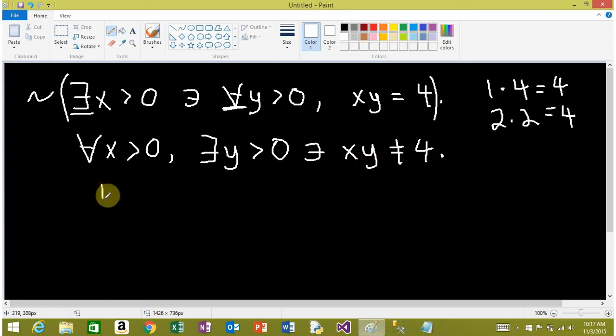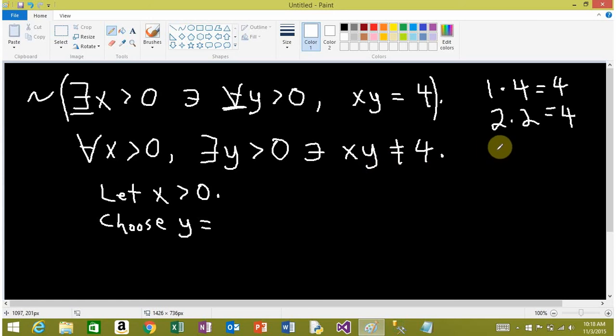So we can begin by just letting x be greater than 0, because that's the universal quantifier. It can be any number greater than 0. And then there exists a y greater than 0. That means we can choose a y. We need to do some scratch work over on the side. We need to figure out a number y in terms of x that is positive and would not give us 4 if we multiply by x.